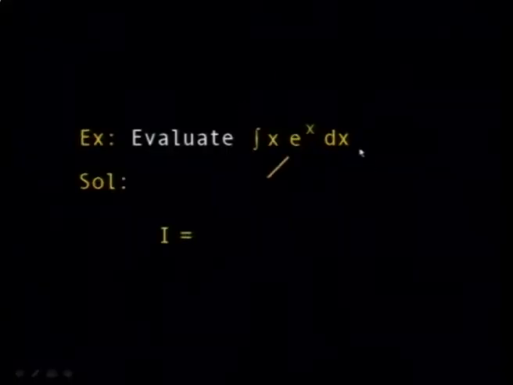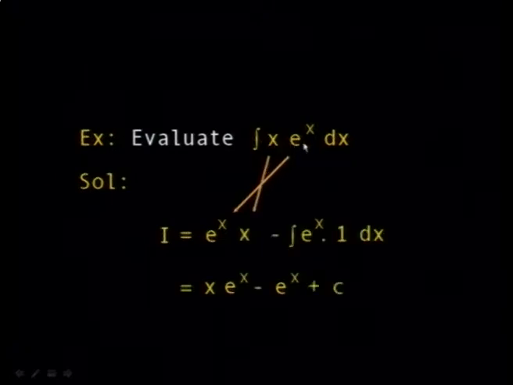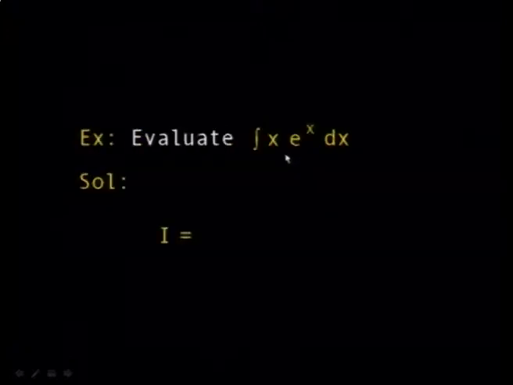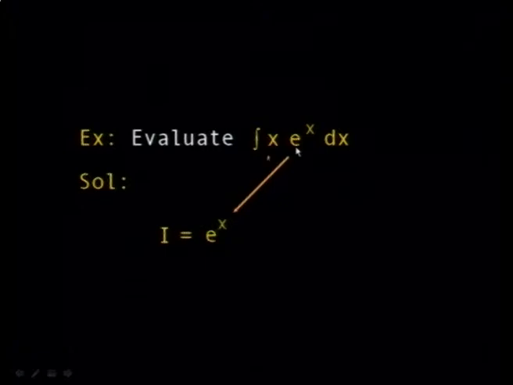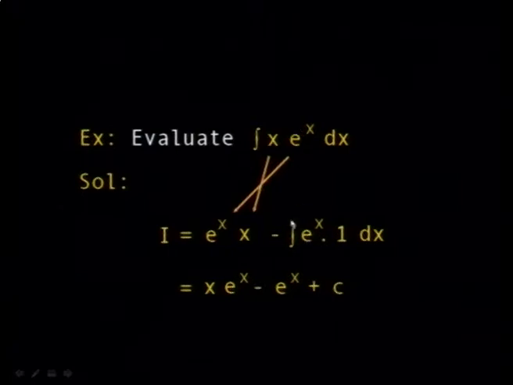Now you wish to evaluate, for example, the first one, which is the integral of x times e to the power x dx. Suppose you go back to the slide. Now we take the integral of e to the power x, which is e to the power x, times the other one without change, minus the integral, again, of the first one times the derivative of the second one.